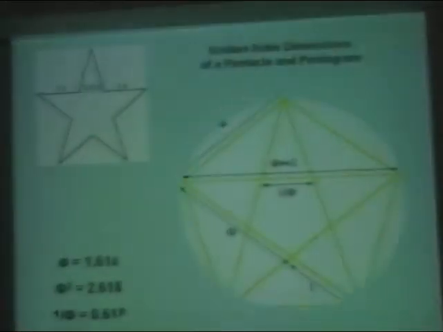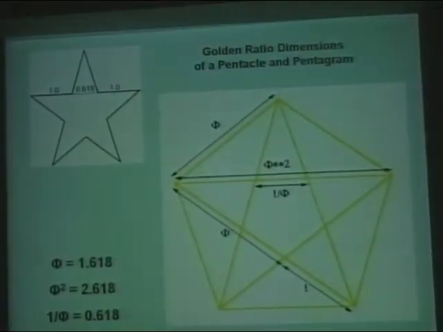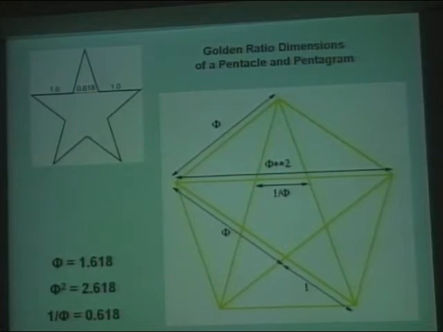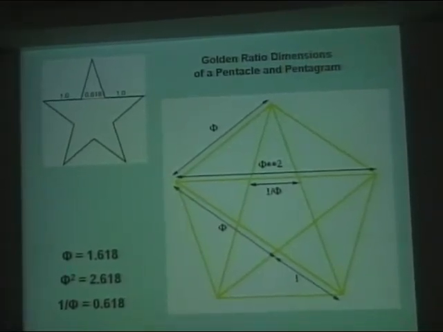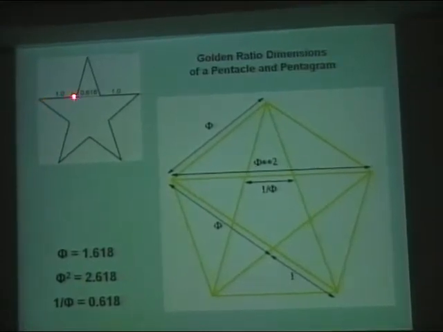Now, the golden ratio is also very important in the pentagram, or the star, right? We've talked a little bit about pentagrams or stars. If we take a star, it doesn't make any difference what size it is, if you take the length of one of the points of the star as 1, then what will be the dimension of the base here, the space between two of the arms of the star?